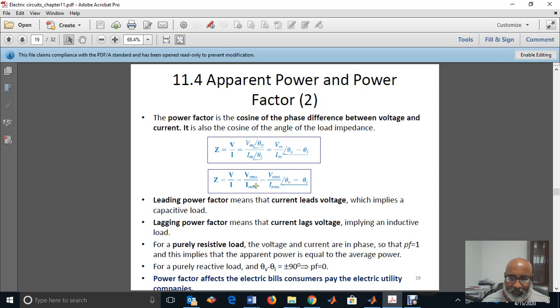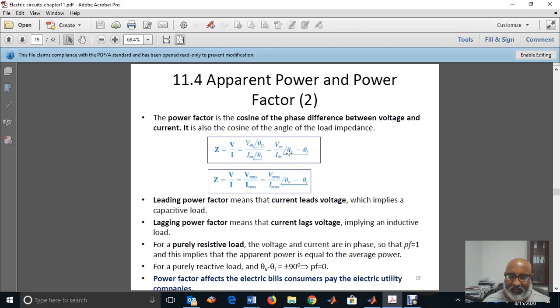So if I express the impedance in phasor form, we have Vm over Im at an angle of theta V minus theta I. The cosine of this angle gives me the power factor. So the power factor can be known from the impedance. The same applies if I use RMS values here.